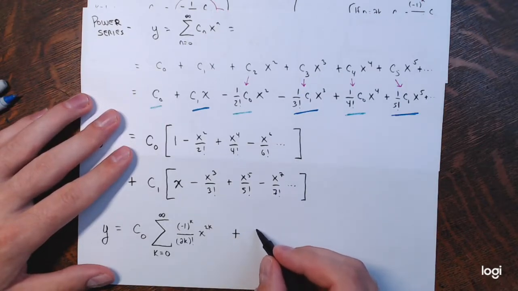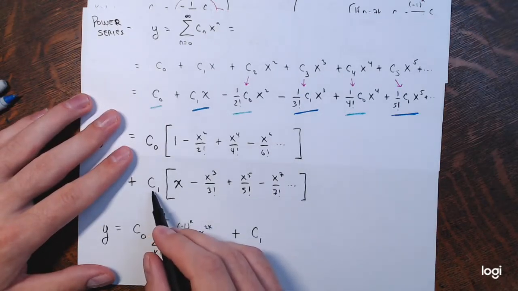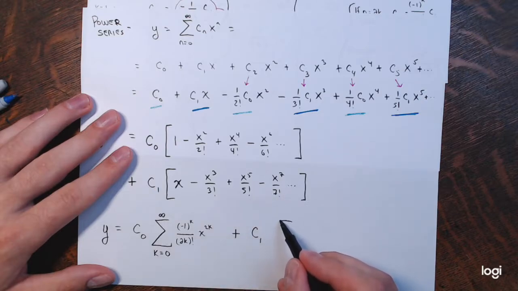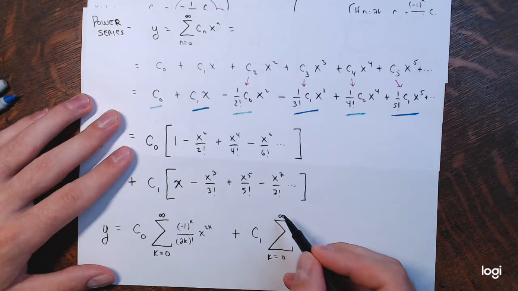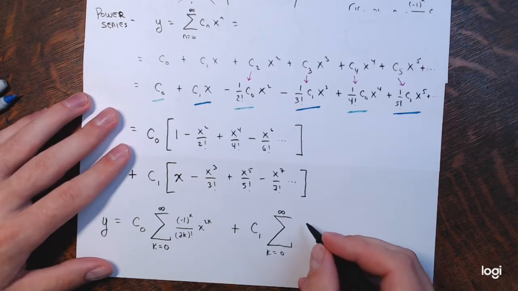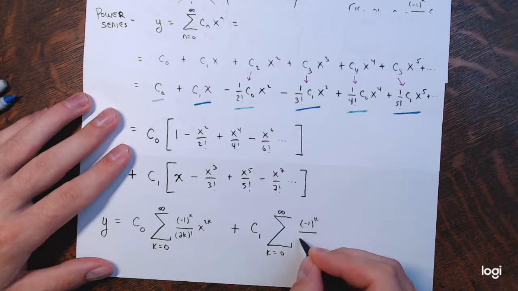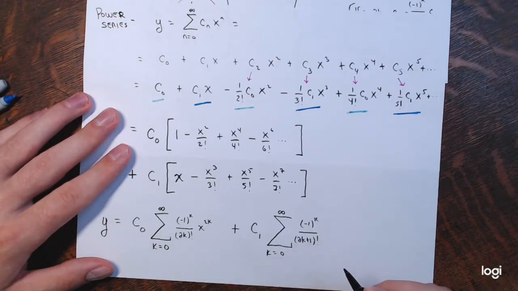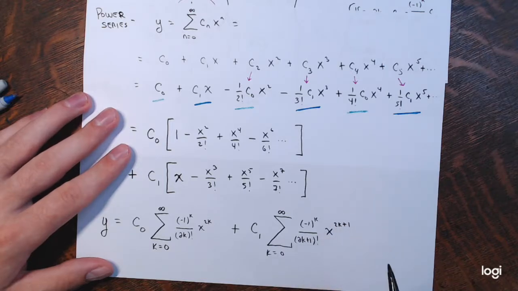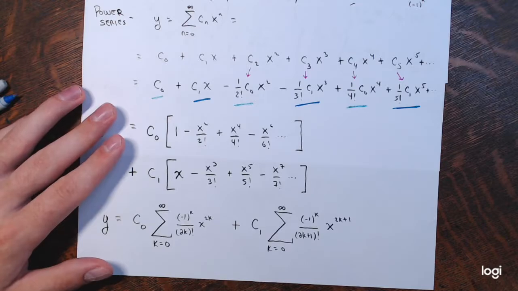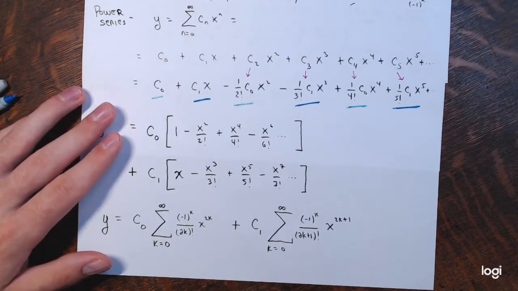Plus c sub 1 times, and then this series can be represented as the sum from k equals 0 to infinity, involving odd powers, of negative 1 to the k over 2k plus 1 factorial times x to the 2k plus 1, again just to indicate alternating odd powers over odd factorials.